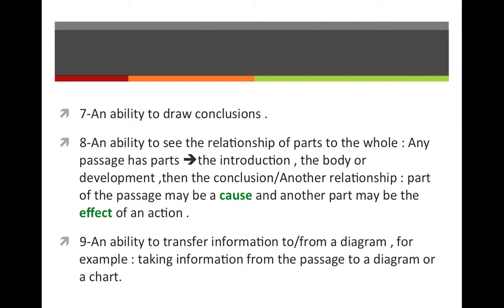For example, the parts that I've just mentioned in ability number 7: the introduction, this is a part, the body or the development, this is a part, then the conclusion, this is a part.